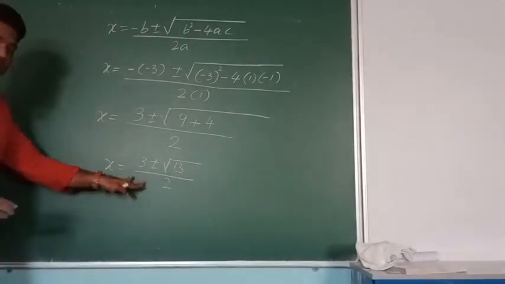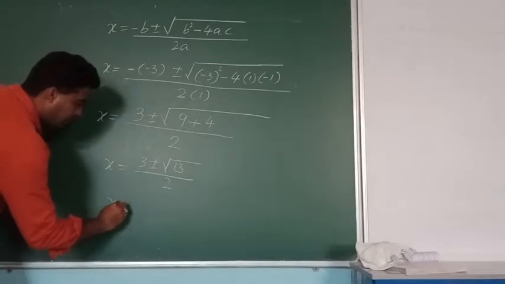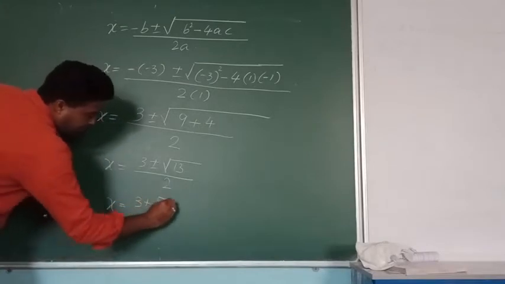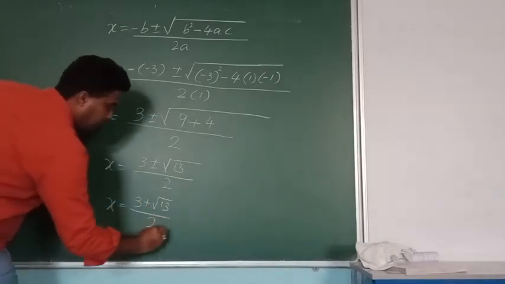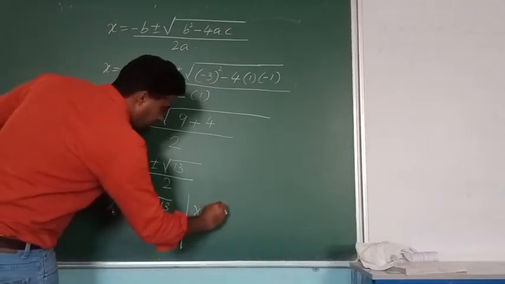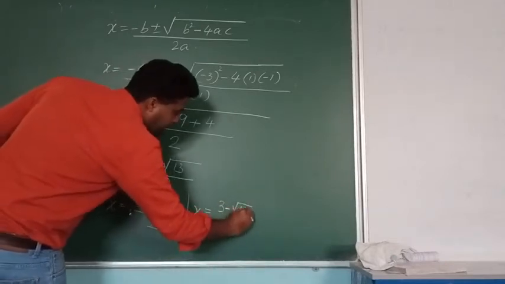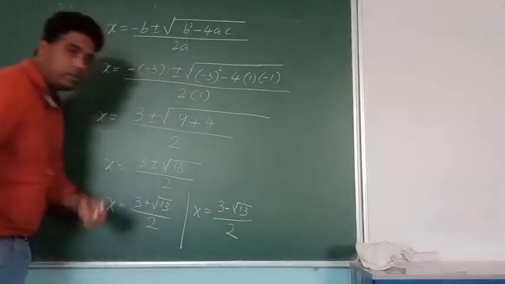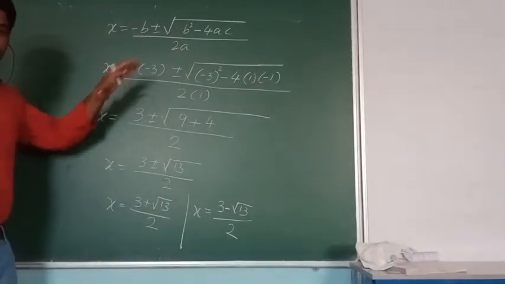This is the final answer. Further, if you want, you can separate it like this: 3 plus root 13 by 2, and the other, 3 minus root 13 divided by 2. So this is the solution of the first question.